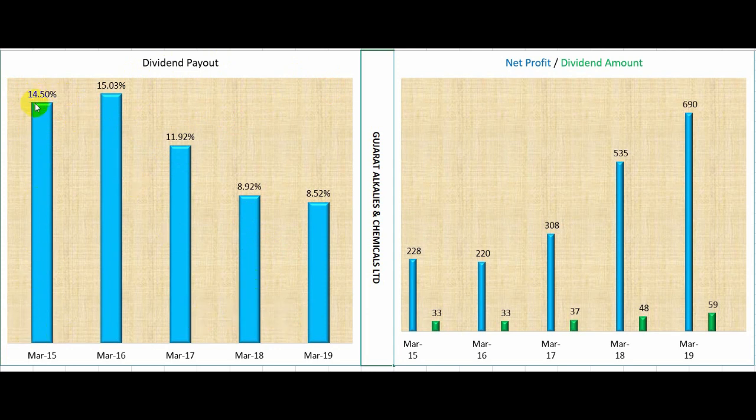In March 15, the company paid 14% of its profits as dividend, which decreased to 8.52% in March 19. In March 19, the company's net profit was 690 crores, but it paid only 59 crores as dividend, and the balance it kept in the business, maybe for growth, maybe for acquisition, or anything else. Most of its profits were left in the company itself.